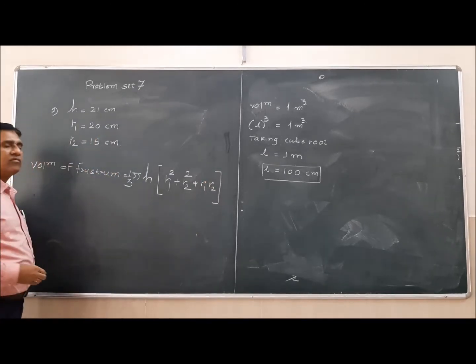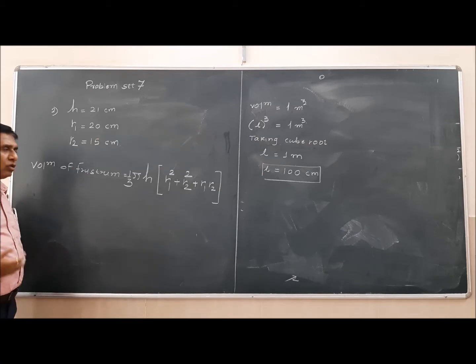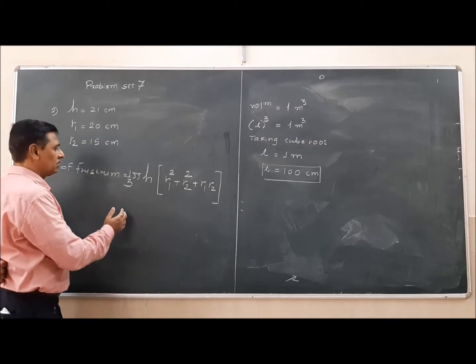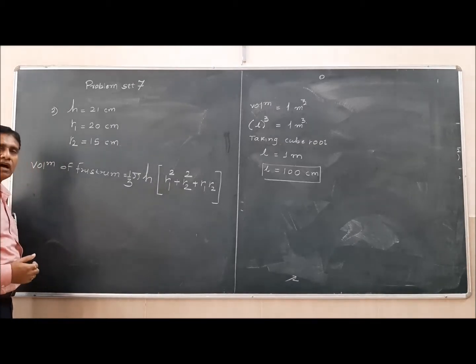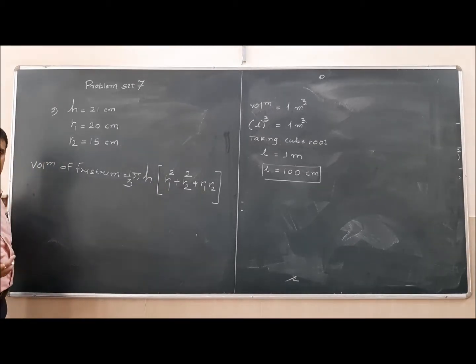This is the formula for volume of the frustum, that is 1/3 pi h (r1 square plus r2 square plus r1 into r2). Now let's substitute the values.